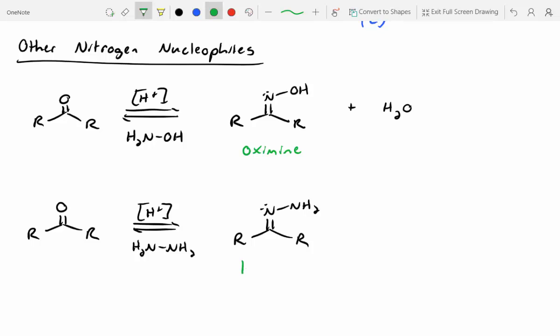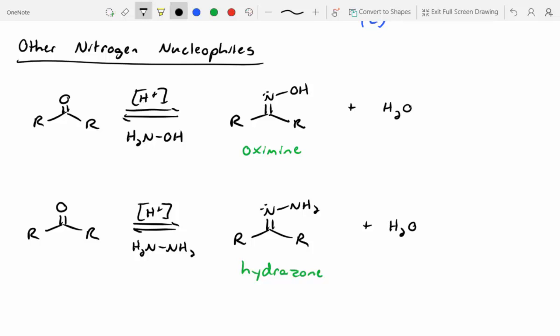However, this is called a hydrazone. And the byproduct of each of these reactions is water. Hydrazones are really useful intermediates in organic chemistry, and I'll show you guys why here in a second. But nitrogen's an excellent nucleophile. It will attack in, kick off water, and then we can start doing chemistry on these unique functional groups.